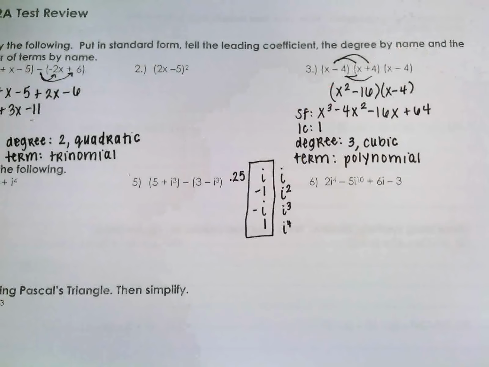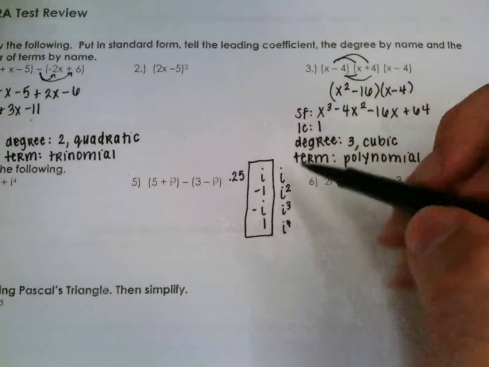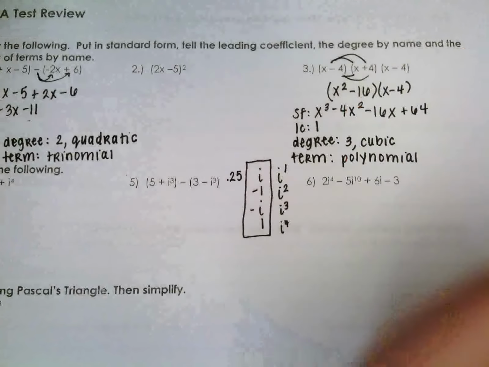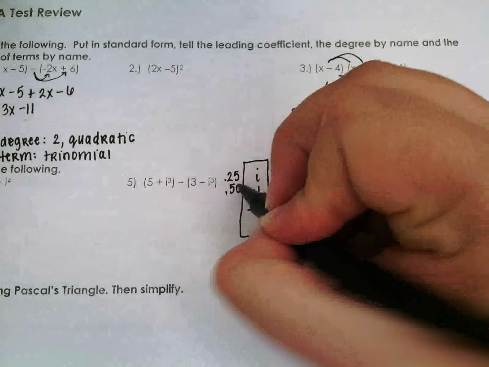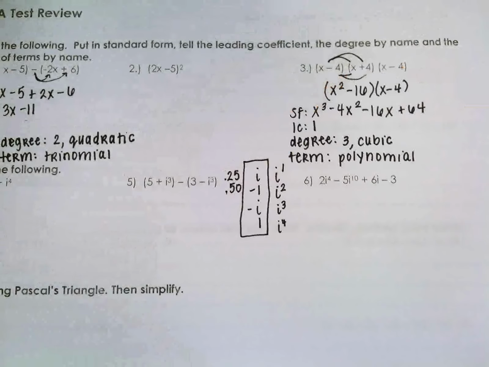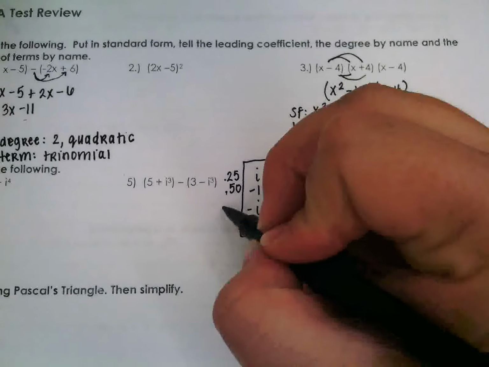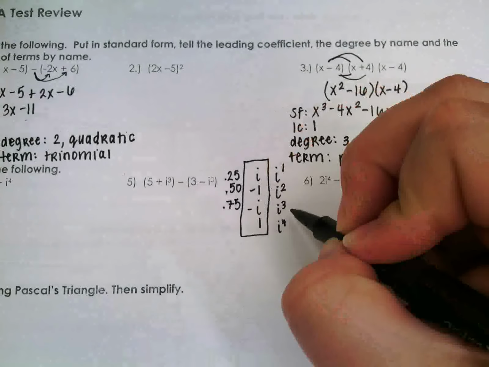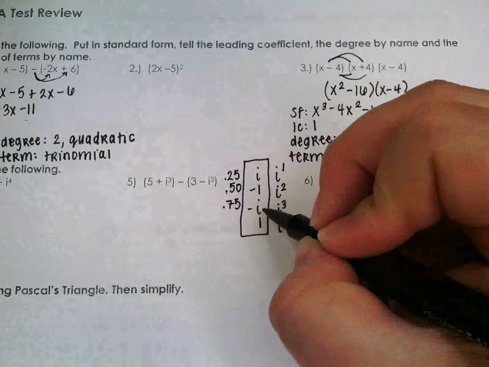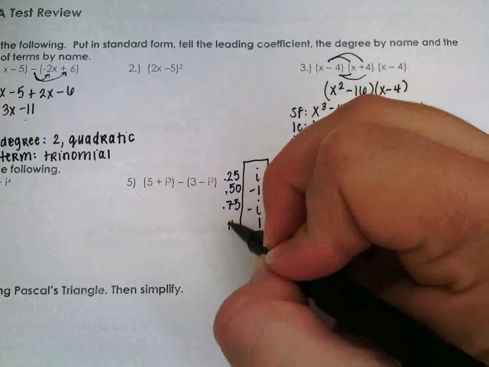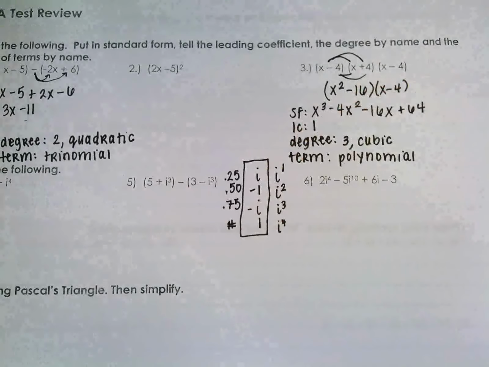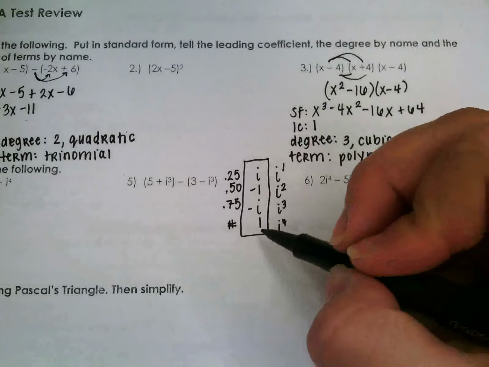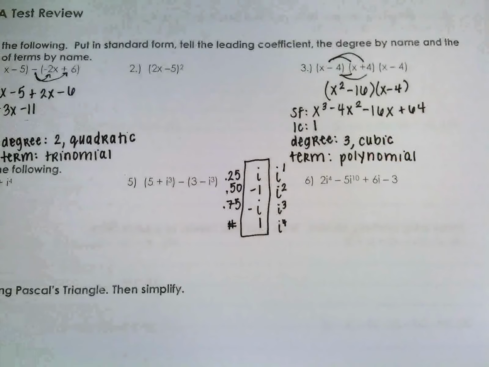If I get a remainder of 0.25, my answer is going to just be i to the 1st, or i. If my remainder is 0.5, it's i squared, and i squared equals negative 1. If my remainder is 0.75, it's i cubed, and i cubed equals negative i. And if I get a whole number, so no remainder at all, it's really i to the 4th power, which is really just equivalent to 1.